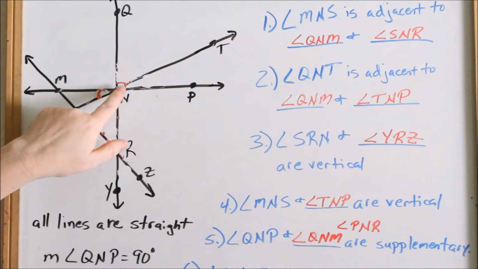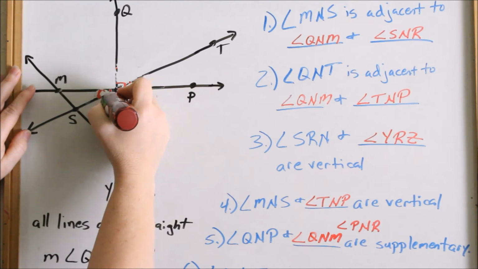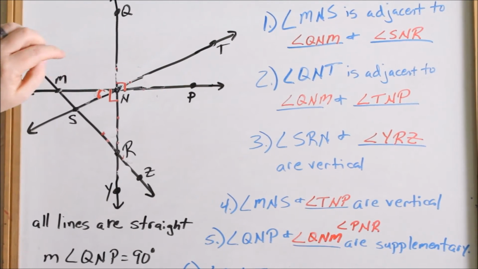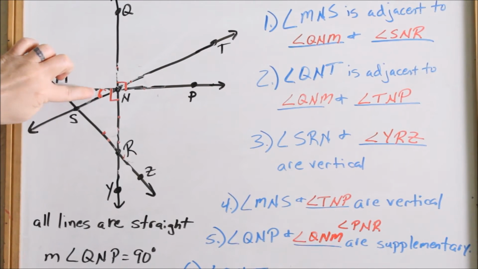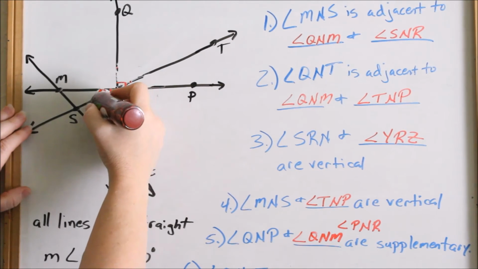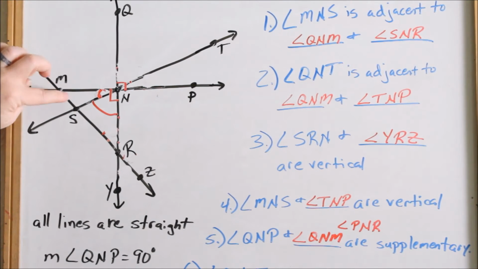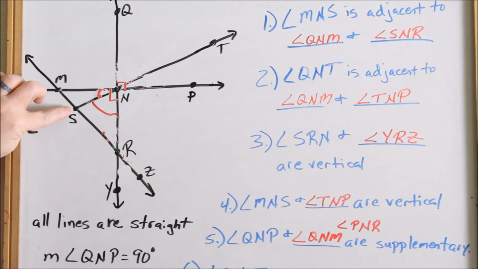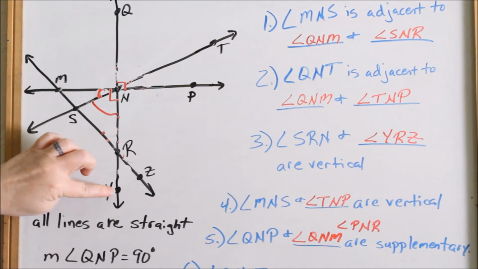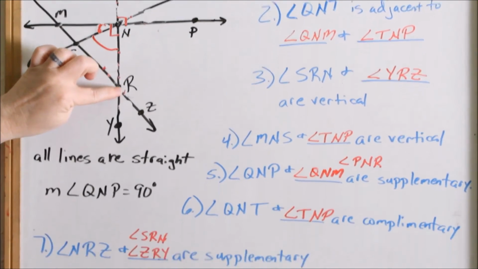Well, MNY forms 90 degrees because it's vertical to this other right angle. So we can take this one and then add this angle right here to get our 90 degrees. So we can add SNR, you can call it SNR or SNY. I'm going to call it SNR.